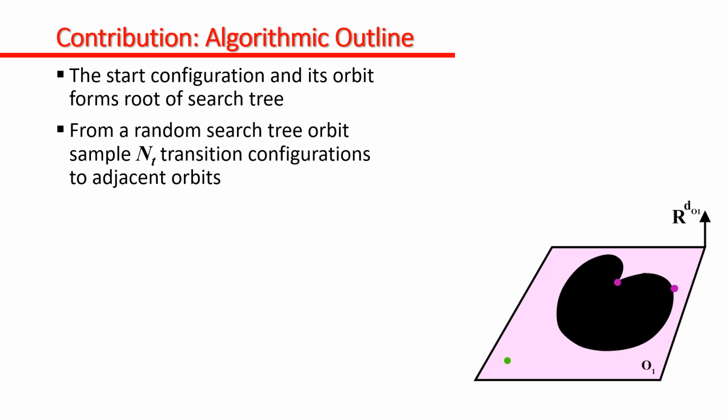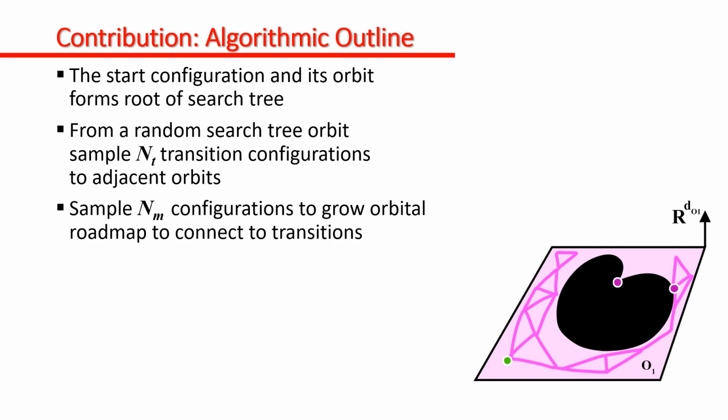Now, in each iteration of the high-level search, we shall select a random node of the search tree, and for each such selected orbit, we shall first expand a constant number of transition configurations that allow us to go into adjacent orbits. We shall also expand a constant number of configurations in the interior of the orbit that can grow a roadmap.